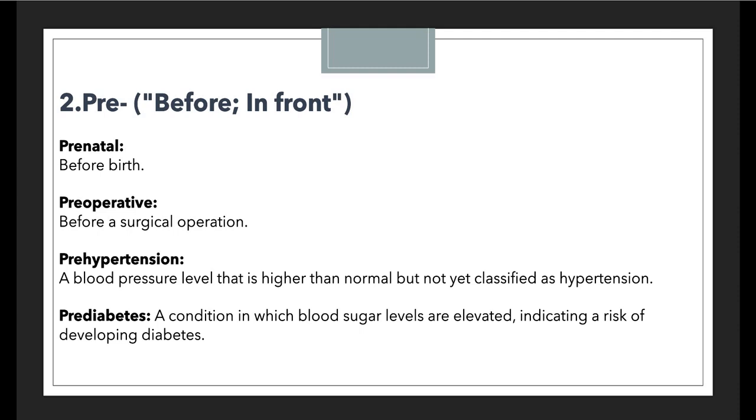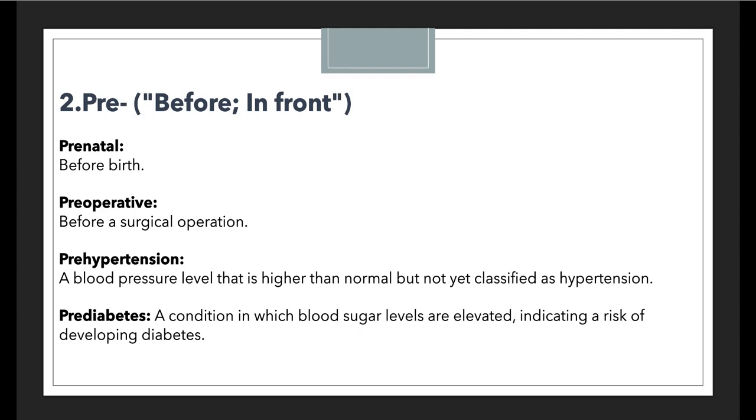So this is the only difference between the post and pre prefix. Okay, so let's see a few examples here. The first example is prenatal. Now what is prenatal? It is before birth. The period that comes before birth is known as prenatal.